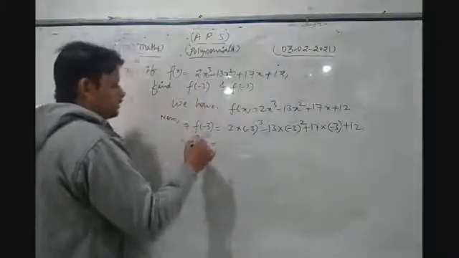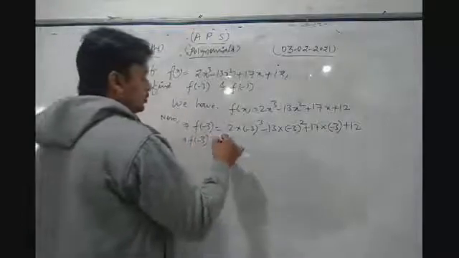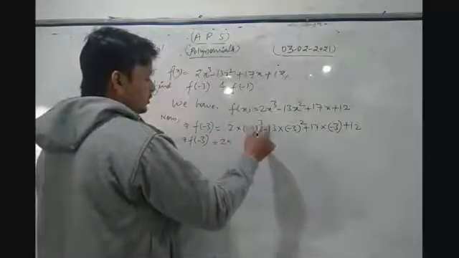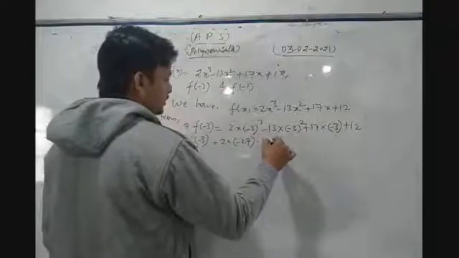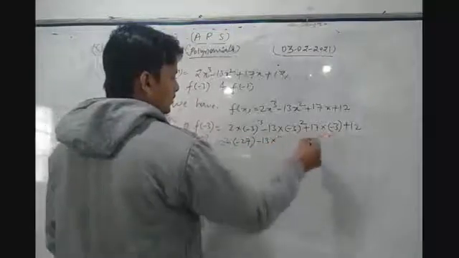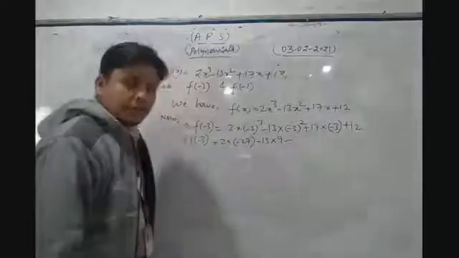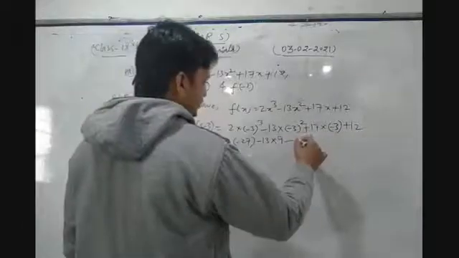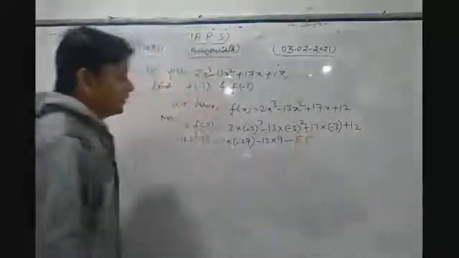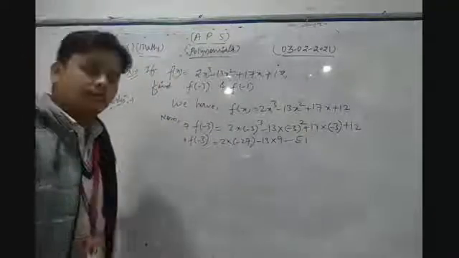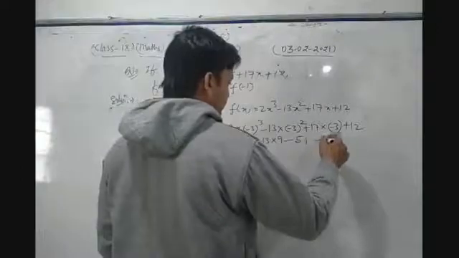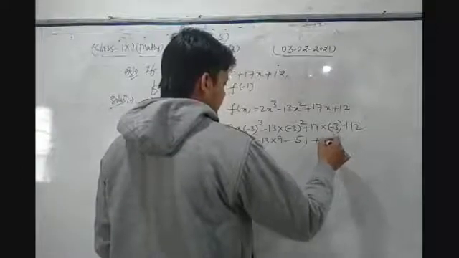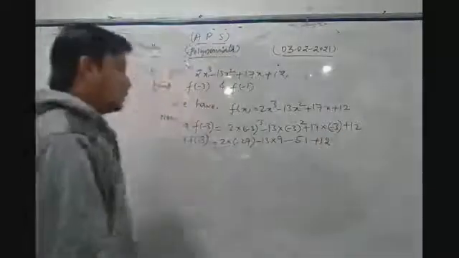F of minus 3 will be 2 into minus 27, since minus 3 cubed is minus 27. Then minus 13 into 9, since minus 3 squared is plus 9, and plus 17 into minus 3 is minus 51. And plus 12 as it is.